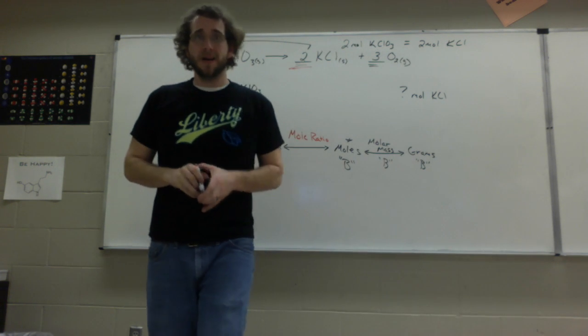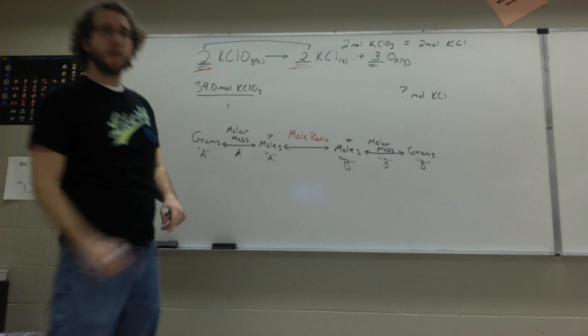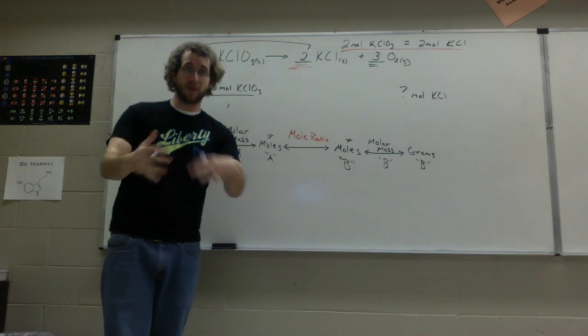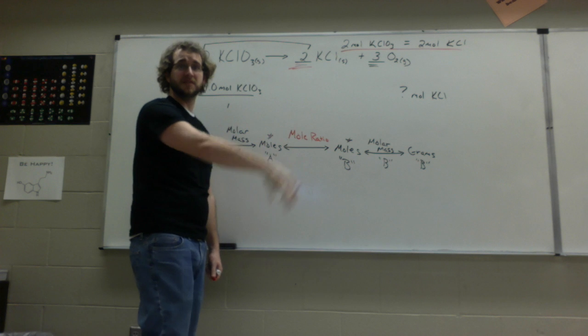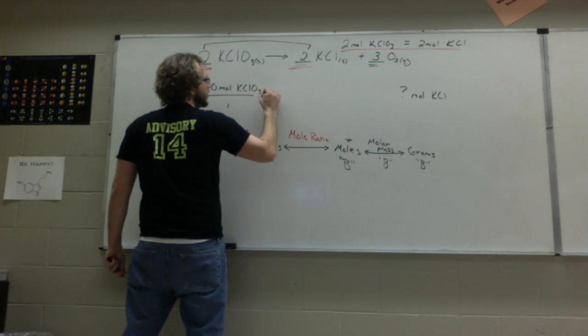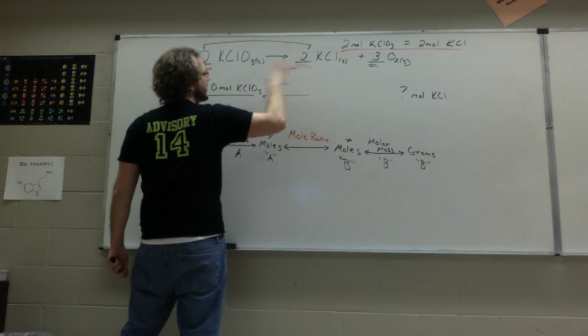Wait a minute. Equality statement, conversion factor. All we got to do is use this to change our moles. Now, you'll notice I'm writing what the moles of stuff are so that we can keep track where we're at in our ratio. So our technically new step, our bridge from here to here, is that mole ratio.